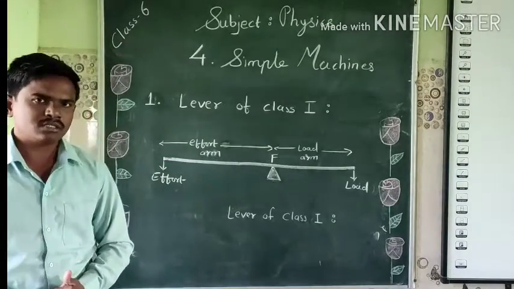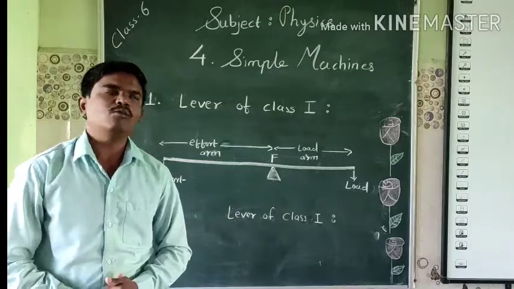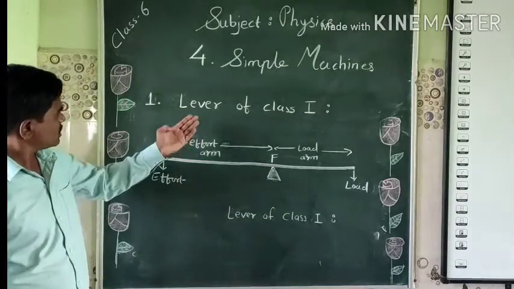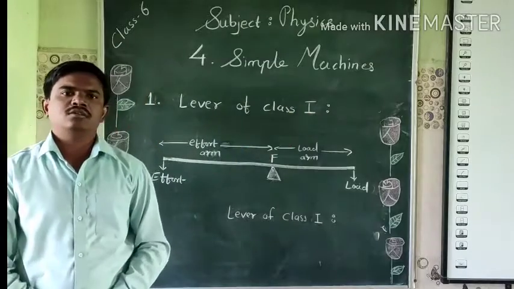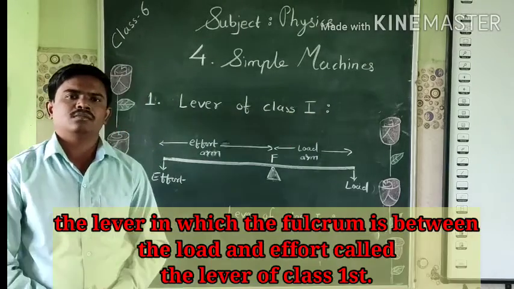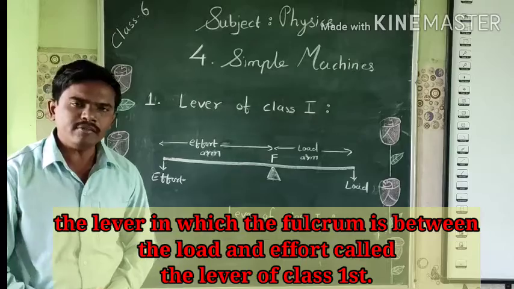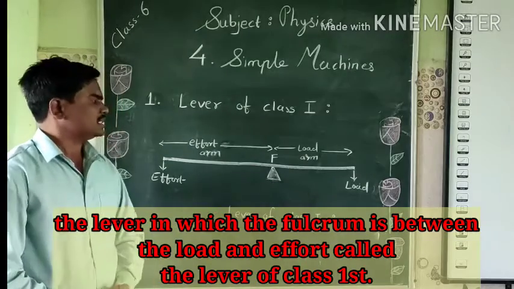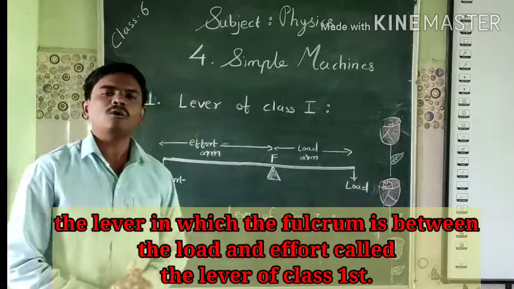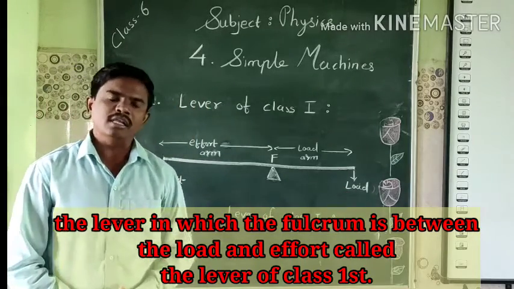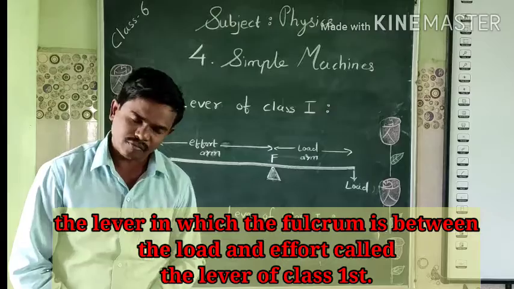So now students, we will talk about the lever of class first. We can define that the lever in which fulcrum is lying between the effort and load is called lever of class first.